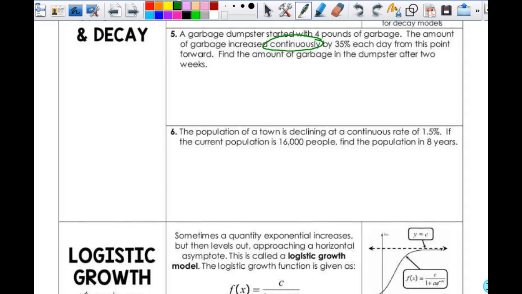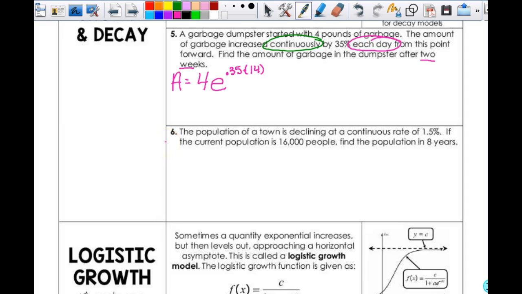But we have A equals, what's your P here? 4. Times e to the rate, which is 0.35, times t, which is what? Is it 2? It's 14, because each day and then 2 weeks, so this has to be 14.